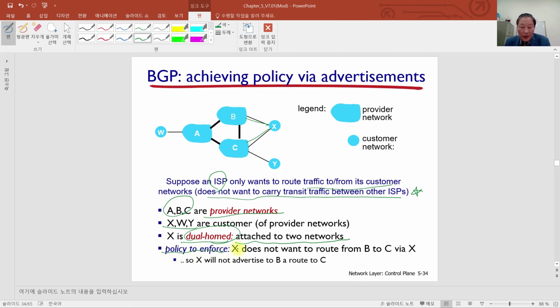To enforce this, X does not want to route from B to C as a transit network via X. X will not advertise to B a route to C because it doesn't need to do that. It is not necessary as a customer network.